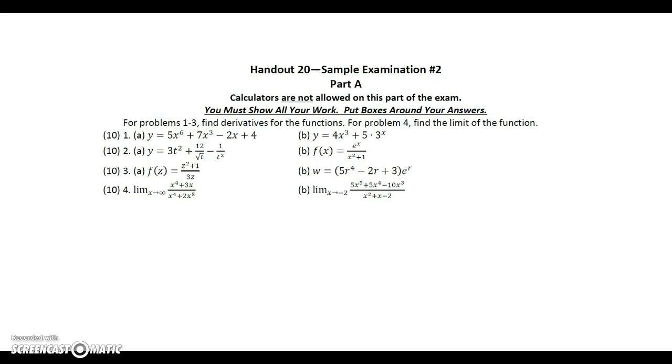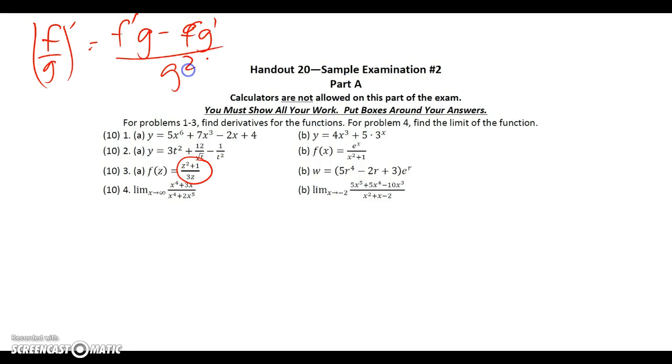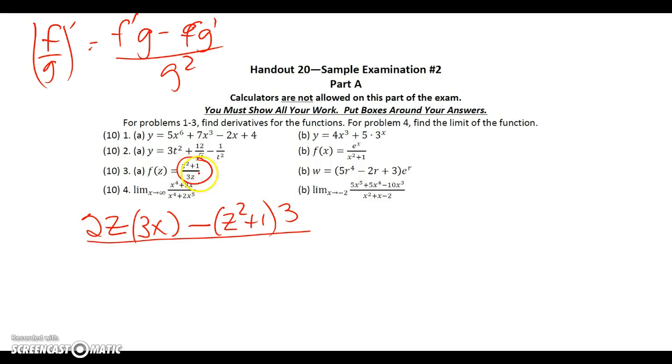I'm just going to do it over here. So I have another quotient rule. F over g derivative is f prime g minus f g prime all over g squared. So f prime is going to be 2z times g minus f, z squared plus 1, times the derivative of the bottom, which is just 3, all over 3z squared.